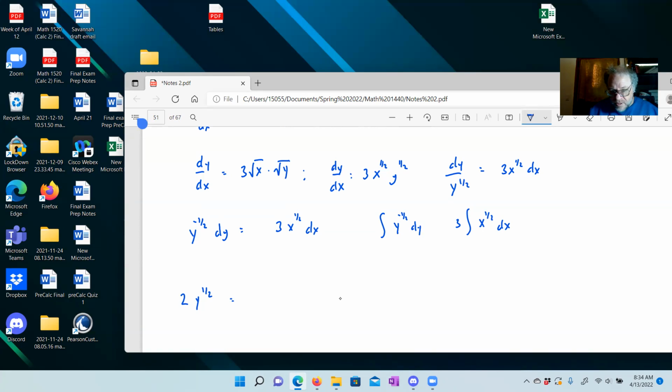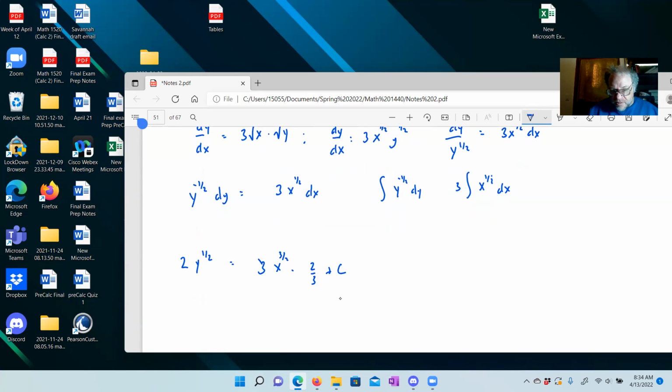This is equal to 3x, and this goes up by 1, so 1/2 plus 2/2 is 3/2, times 2/3, because that's what the power rule means, plus c. So we have 2y to the 1/2 is equal to, well, the 3's cancel, so 2x to the 3/2 plus c.